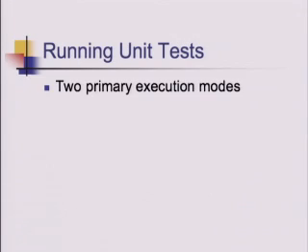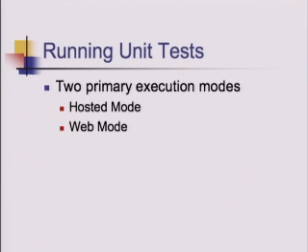So, running unit tests. There are two execution modes I talked about earlier. The first is hosted mode, and the second is web mode. Hosted mode is when you're running effectively the Java code. You're running in a hosted browser, you're using the real JRE classes, you're running Java bytecode, and that's what you're debugging with.